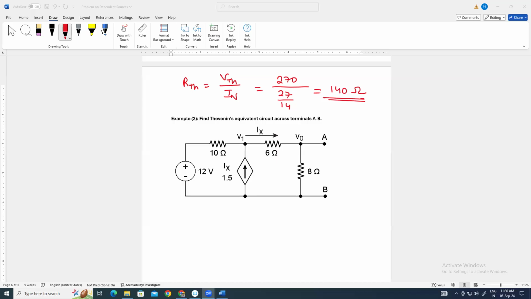So from the next class, I will teach you the next unit, that is semiconductor devices.